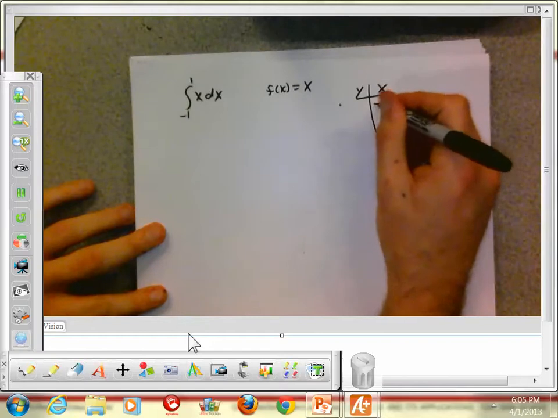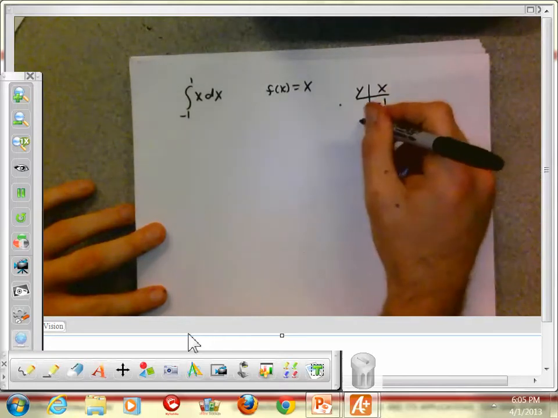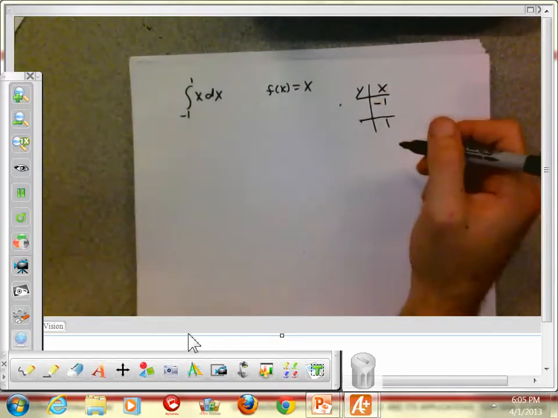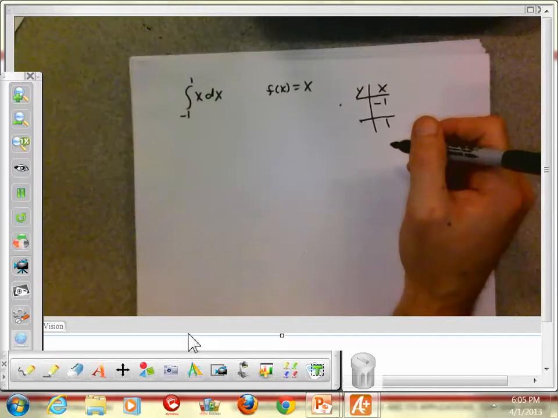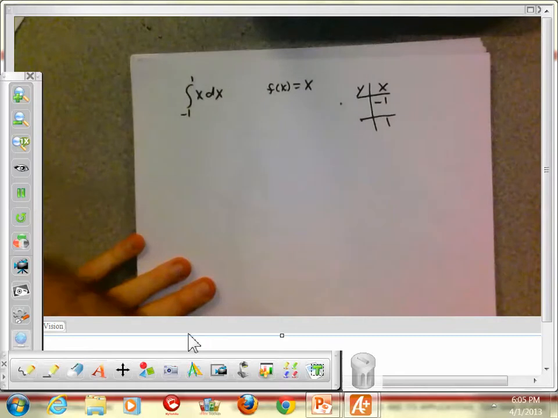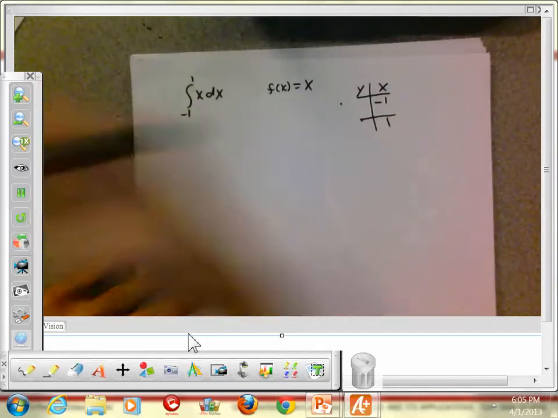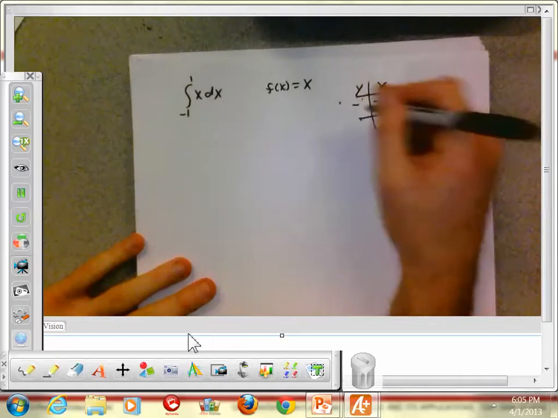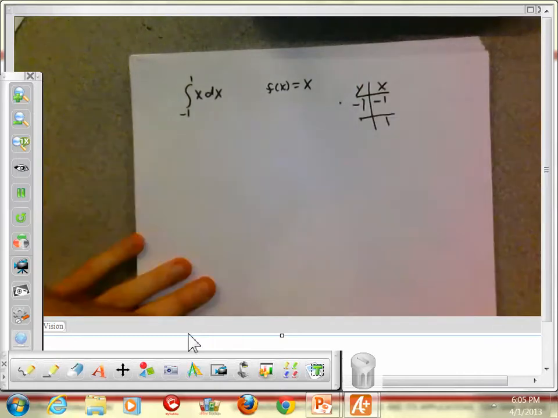So I'll just choose these 2 points over here. Also, what type of curve is this function? Straight line, right? So when x is -1, what is f? -1, right? When x is 1, what is y? 1, right? They're equal, right?